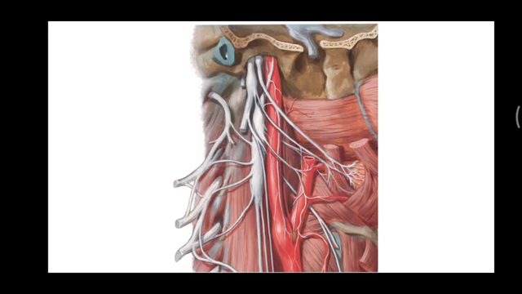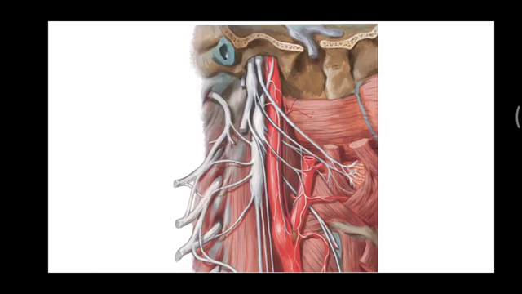From this diagram, it is very clearly understandable that the pharyngeal plexus is formed by the glossopharyngeal nerve, a branch from the vagus nerve, and a branch from the superior cervical sympathetic ganglion. So the pharyngeal plexus is formed by the contribution from these three nerves.